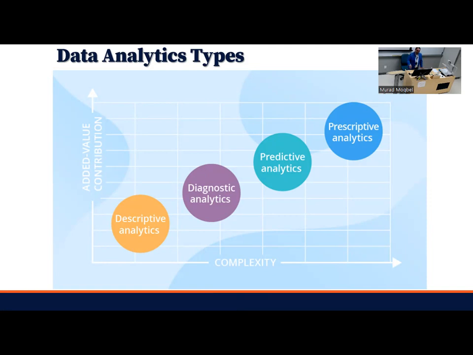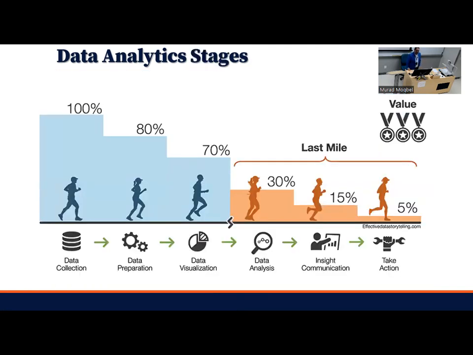And the last but not least is prescriptive analytics. This is where you prescribe solutions. What is the optimal solution for a problem having certain limited inputs or resources? How we can maximize our output with having limited input resources, right? And that we call optimization, just as an example.